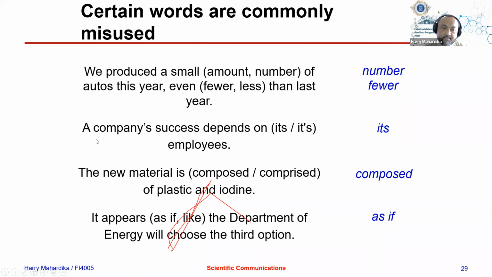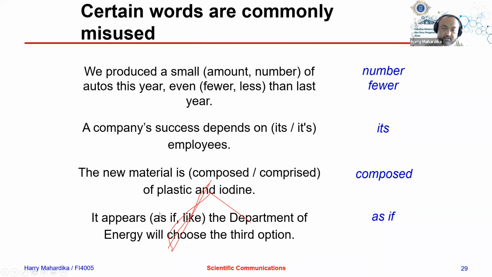The second example: the company's success depends on its employees, but the "its" itself doesn't contain an apostrophe. And then: the new material is composed of plastic and iodine, not comprised. And the last example is that it appears as if the Department of Energy will choose the third option.